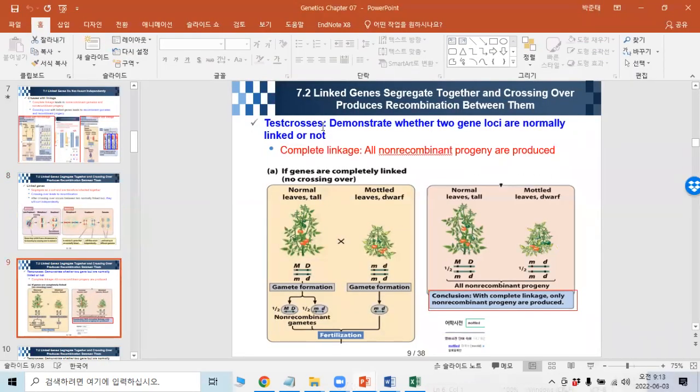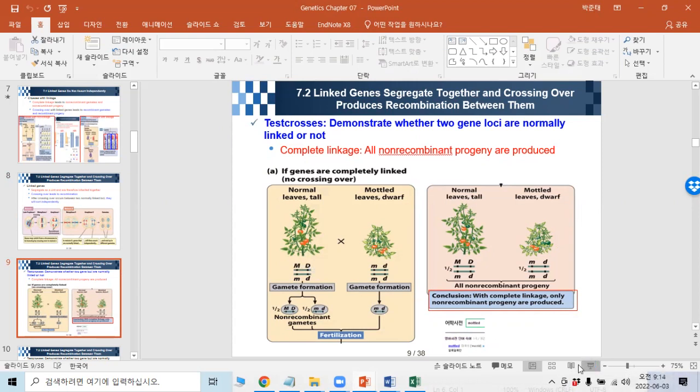This is the test cross to demonstrate whether two loci are linked or not. In this case, the M gene and the D gene are located on the same chromosome. They are linked to each other.